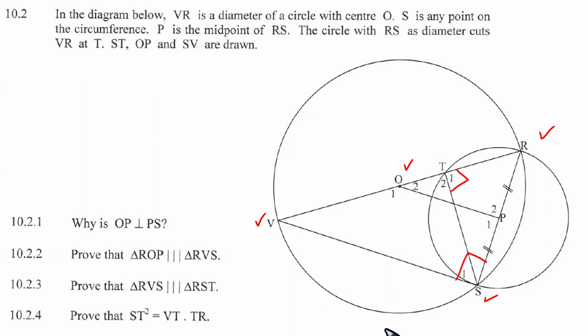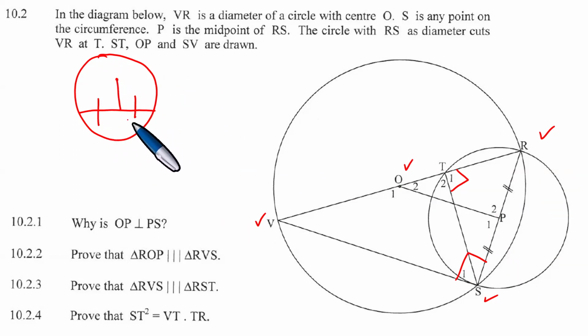There is a theorem we do at grade 11. It's theorem 1b or theorem 2. Because now there's a line from the center that bisects this chord here.